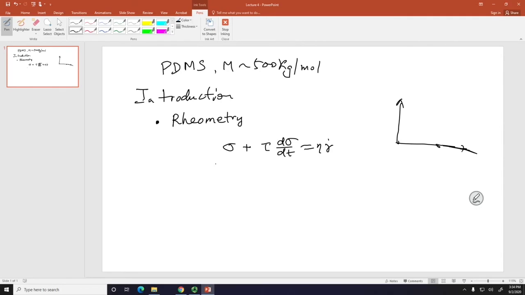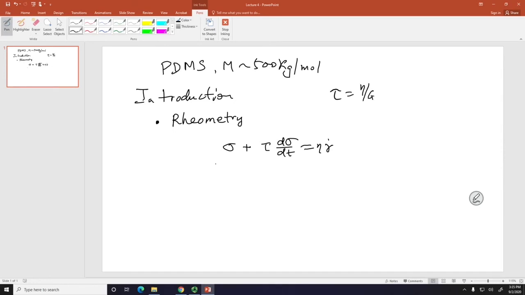Maxwell actually predicted, for example... I mean, this is not something I had any plan to do. Basically, one of the ways to learn about viscoelasticity is about identifying the relaxation time.